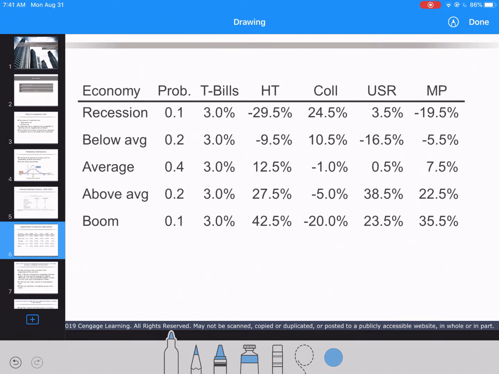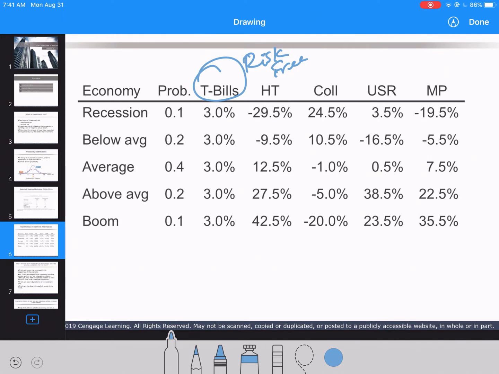If you look at the T-bills first, you can see there is no variation across different stages of the economy, so you can call this risk-free. On the other hand, looking at various other sectors of the economy, high technology has a high return in boom time compared to the other ones.